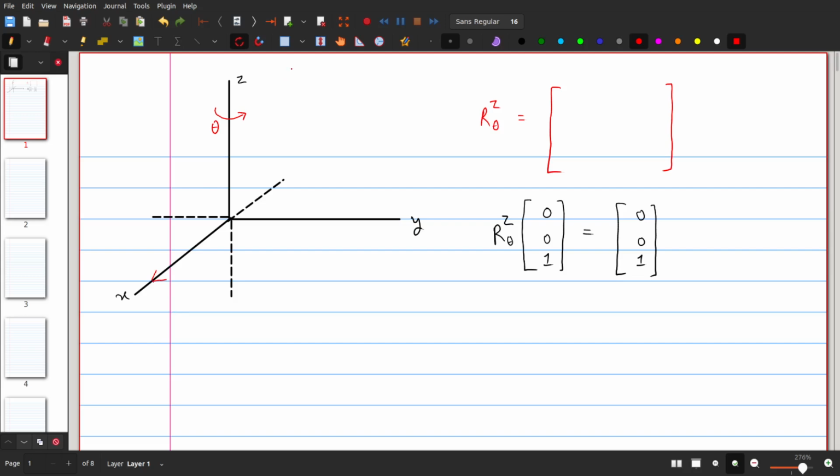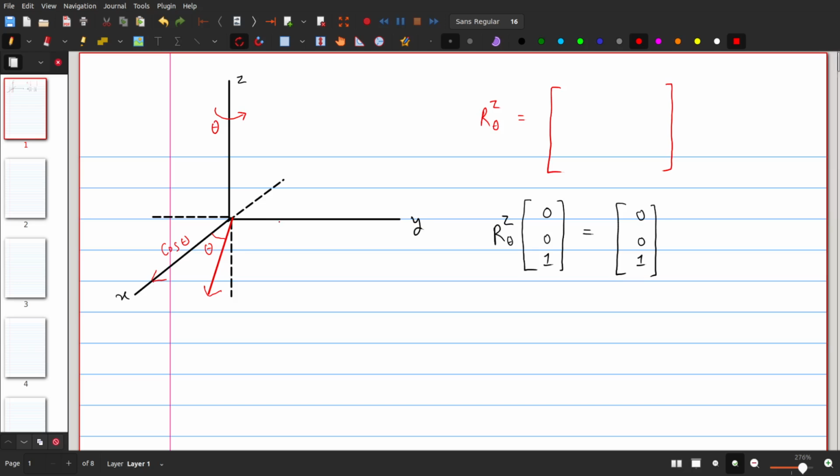This vector under this rotation will change to a new vector which will again lie in the x, y plane, and its length will still be 1, and this vector will make an angle theta with the x-axis. So its x component will be cos theta because it is of unit length.